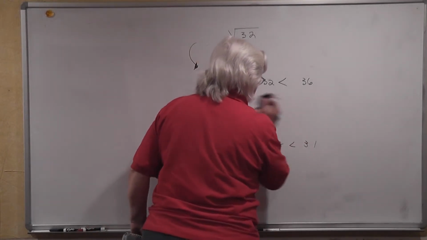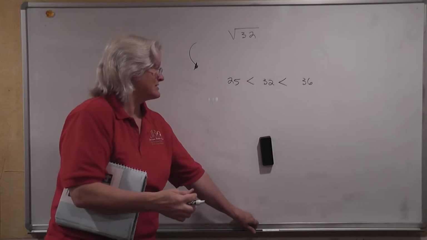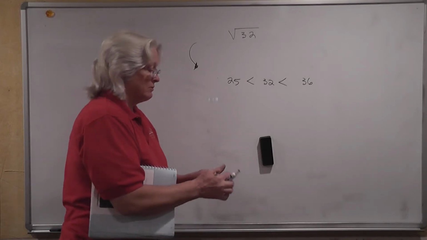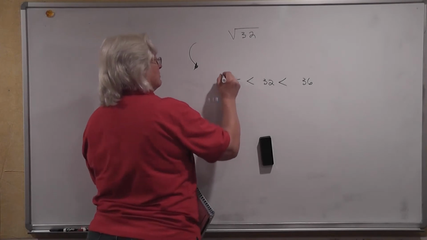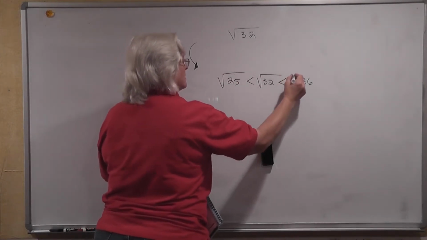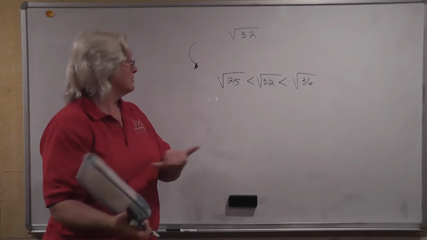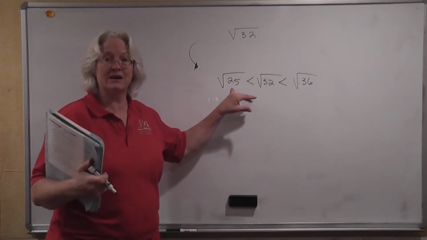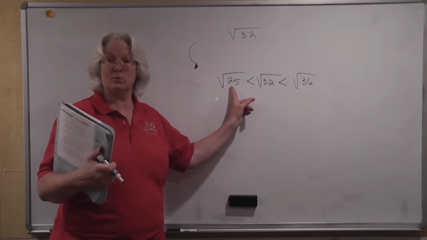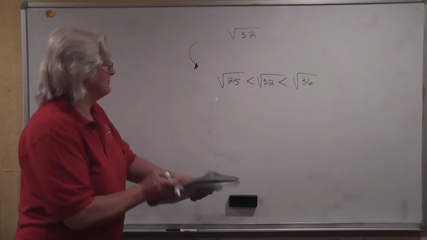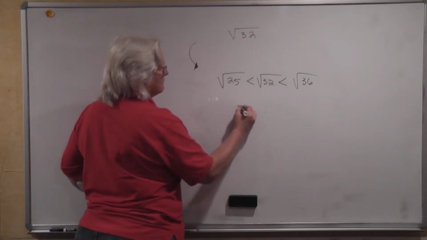So we can go in and say the square root of 25 is less than the square root of 32, which is also less than the square root of 36. Now remember, all that square root is, we're looking for a number that when you multiply it by itself, or you use it as a factor twice, it's a whole number. What times what is 25? Well, 5 times 5 is 25. So the square root of 25 is 5.